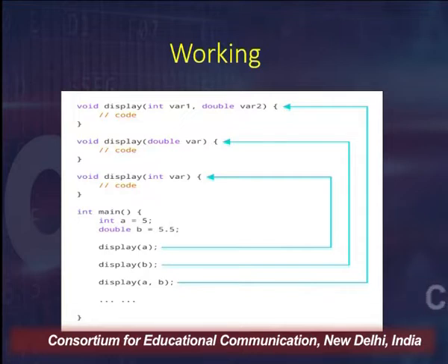If I say display b, then the version of display with a double variable is called. And when I say display a comma b, it is obvious that the version of display with the two variables, var1 and var2, is called.